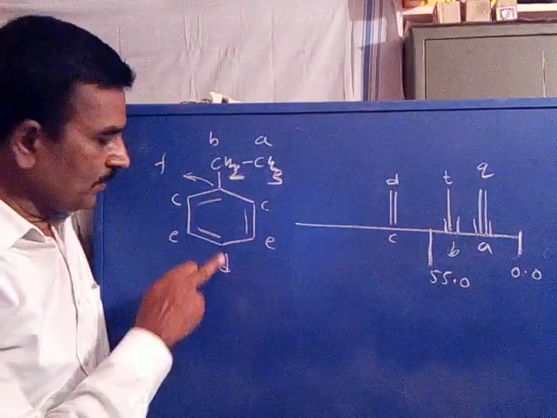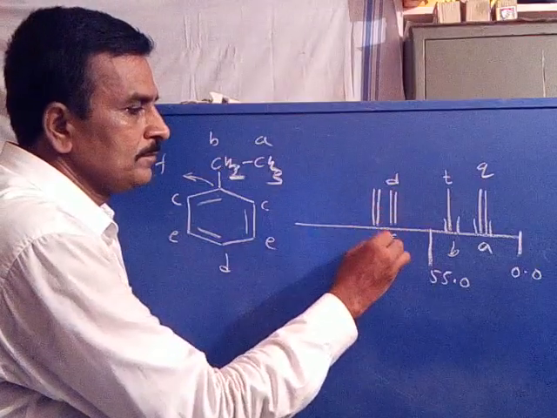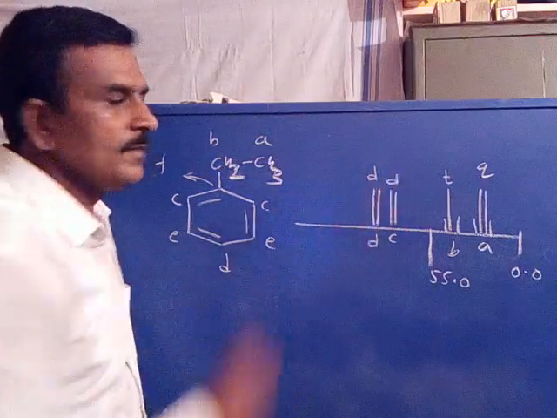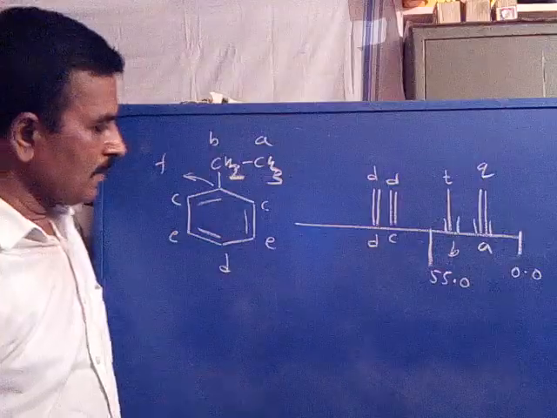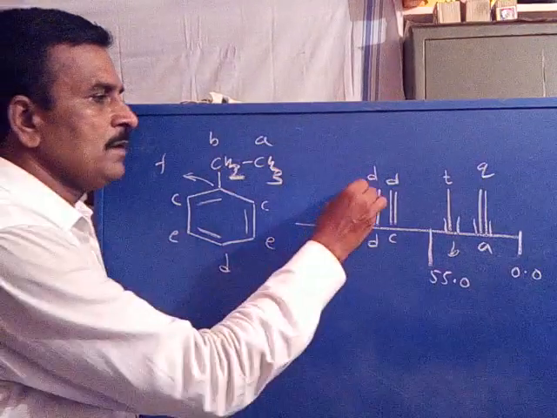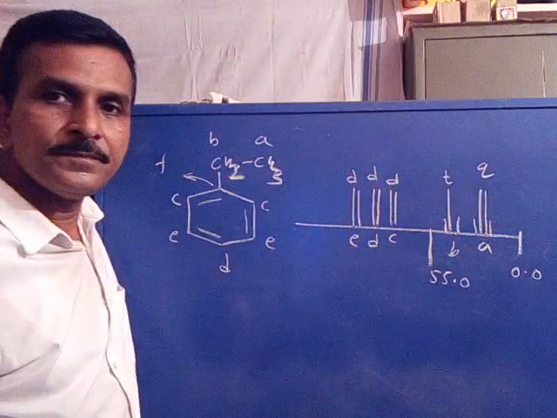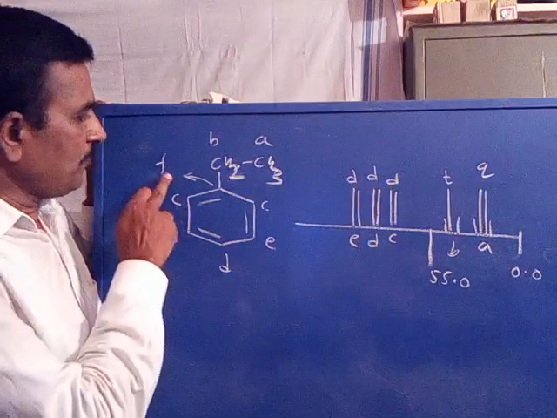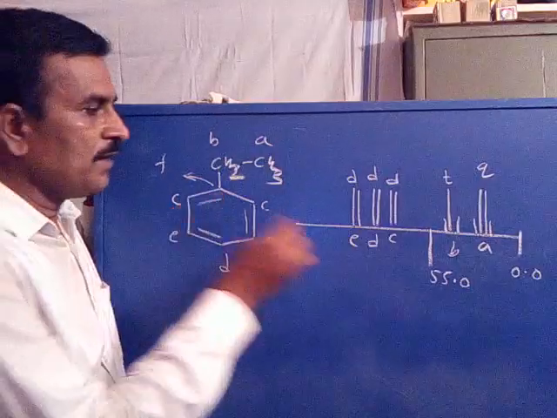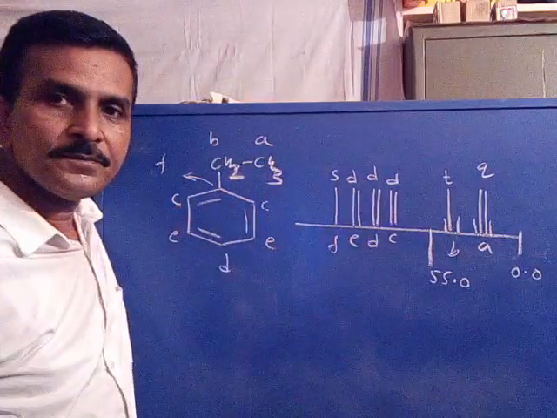D carbon, again it is a CH carbon, D doublet. Now E carbon is also a CH carbon, hence doublet, E doublet. Now F carbon has no hydrogen, hence singlet, F singlet.